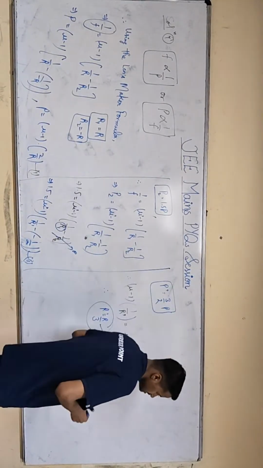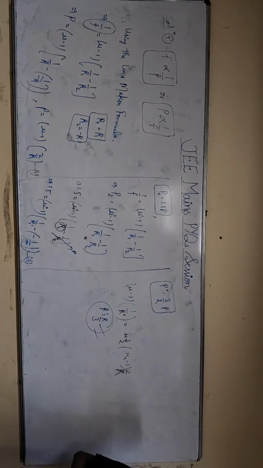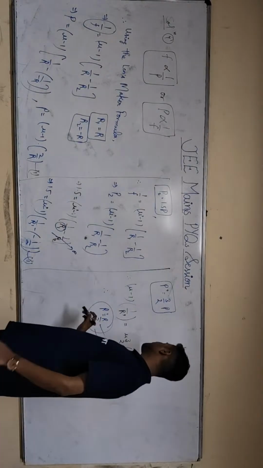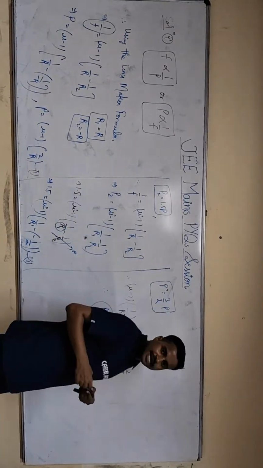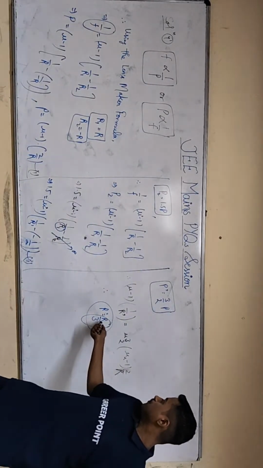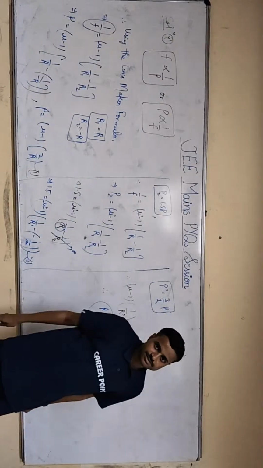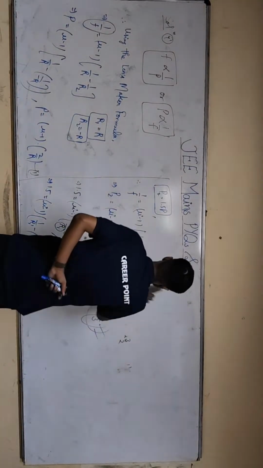This is your right answer. In this question, the question is asking about the radius of curvature, so this is your radius of curvature. I hope this is clear to you. Now we have to solve another question.